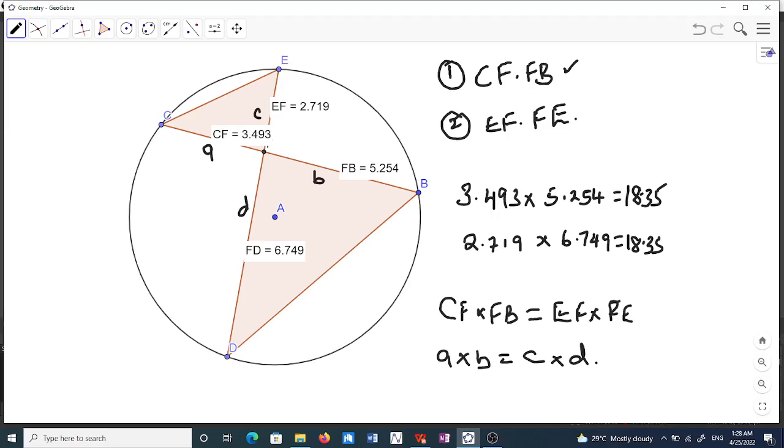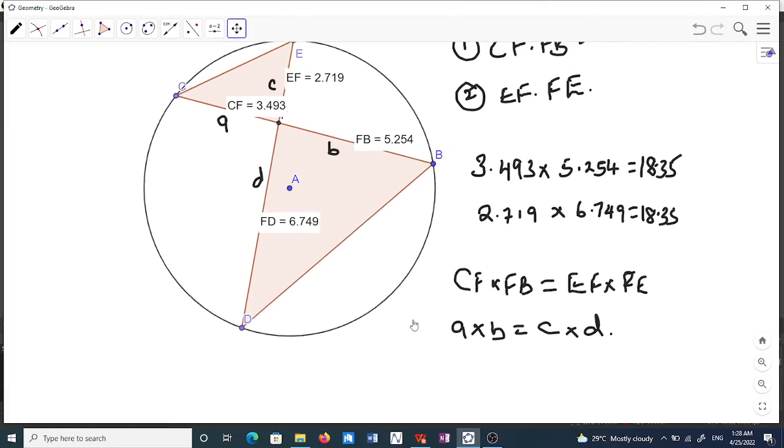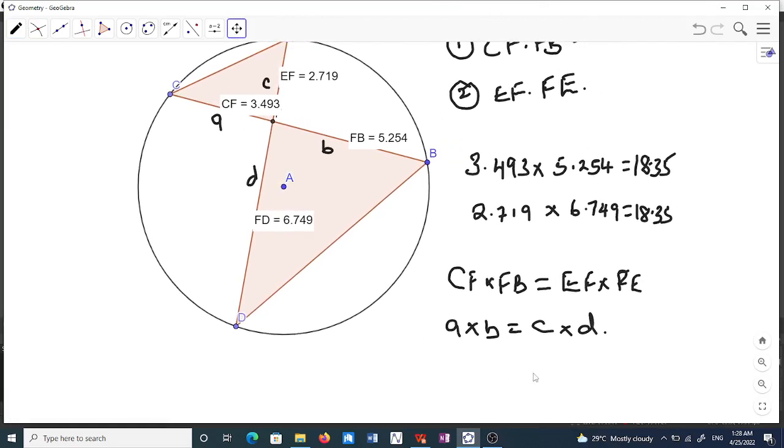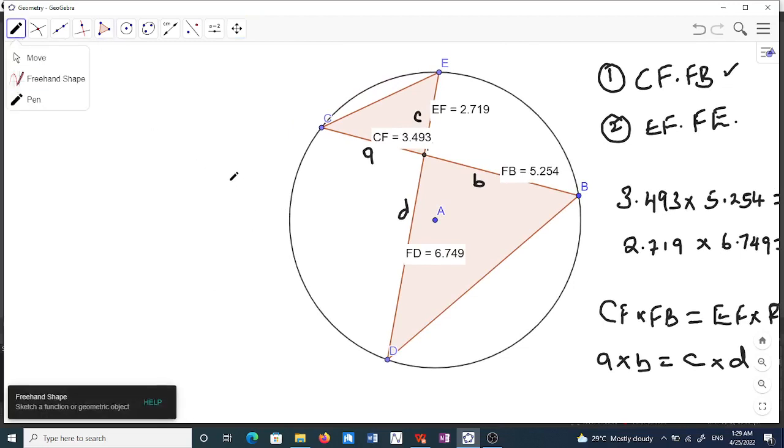That is one. I can also look at the other relationships that we can still have in this particular situation. Now I'm looking at this other situation here, and let's see how it is going to work out. I have this one is CF and this one is FD.